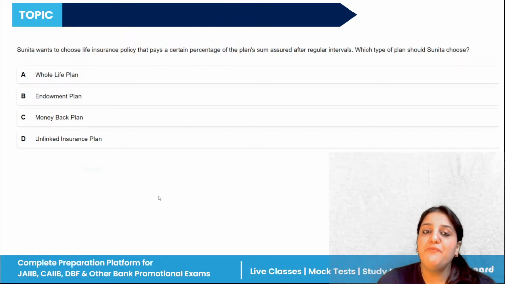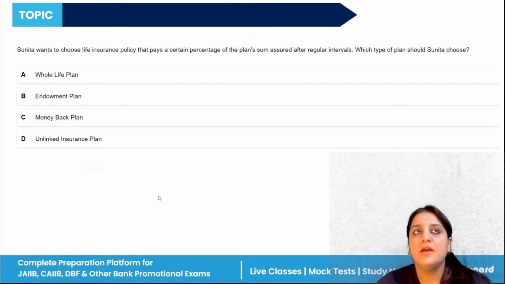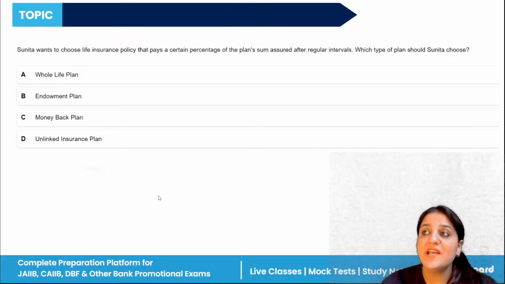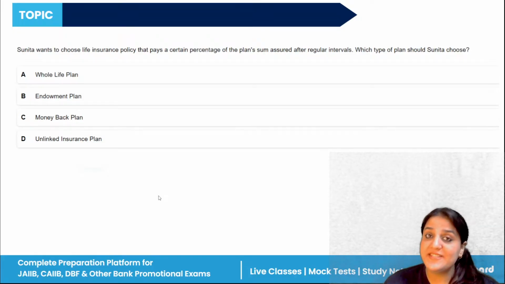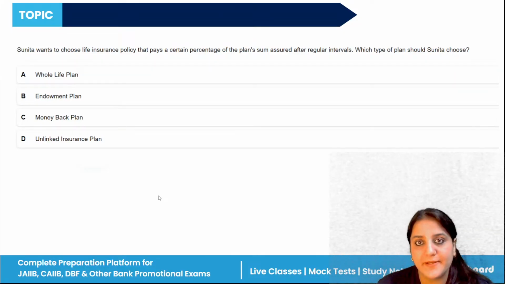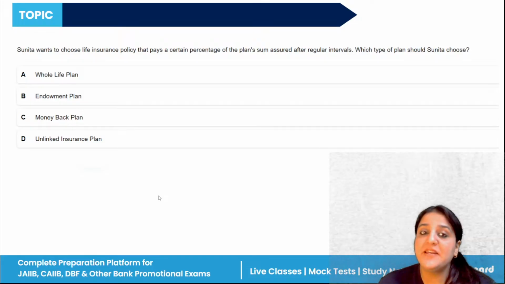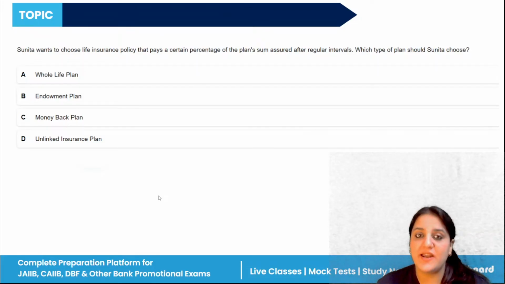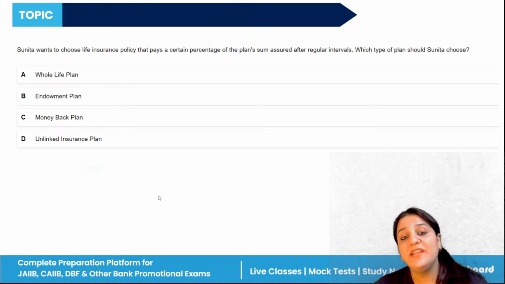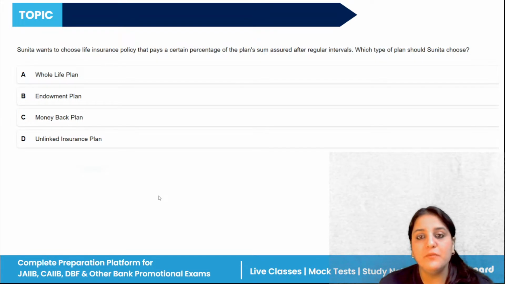There is a concept of money back policy, which is a type of life insurance product that allows the insured to receive regular returns as a lump sum amount or at definite points during the policy period. These returns under a money back policy can be guaranteed or depend on investment performance, or a combination of both.